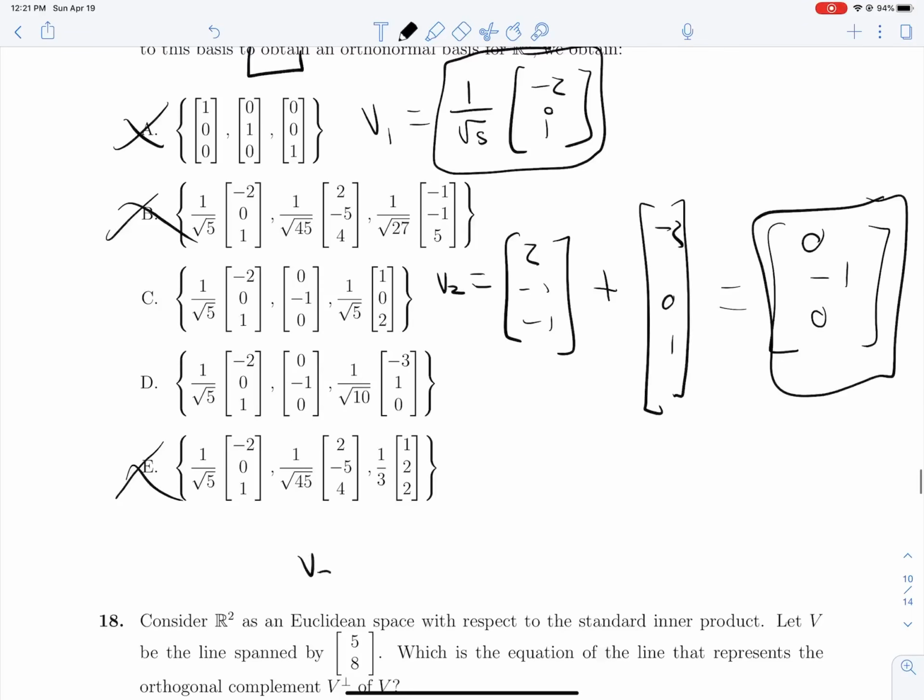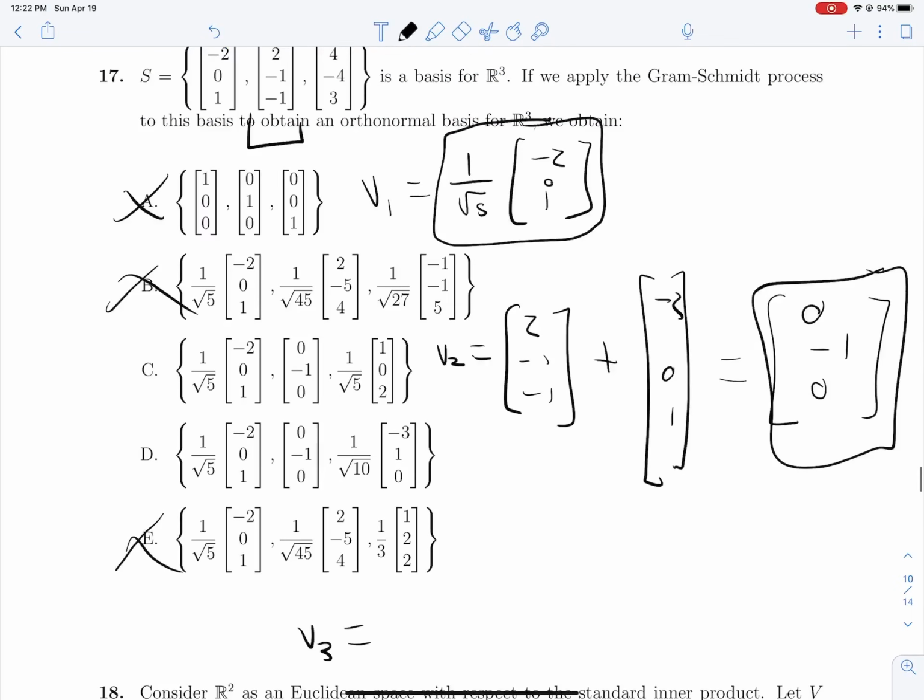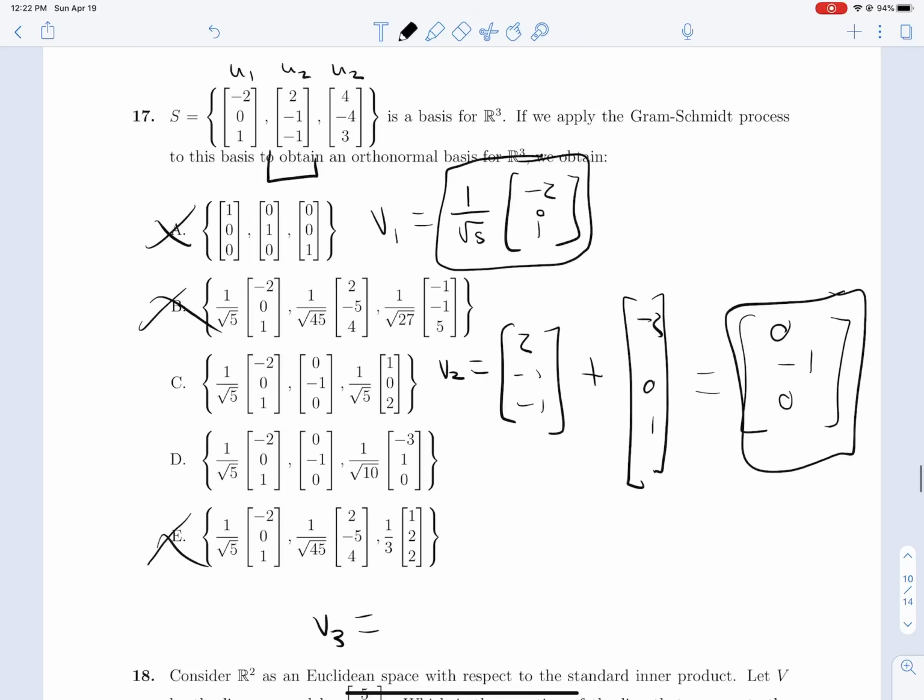If we're computing our third basis vector, that will be this third vector up here, 4, negative 4, 3, minus this vector dotted with our first basis vector, divided by that same basis vector dotted with itself, multiplied by that basis vector.